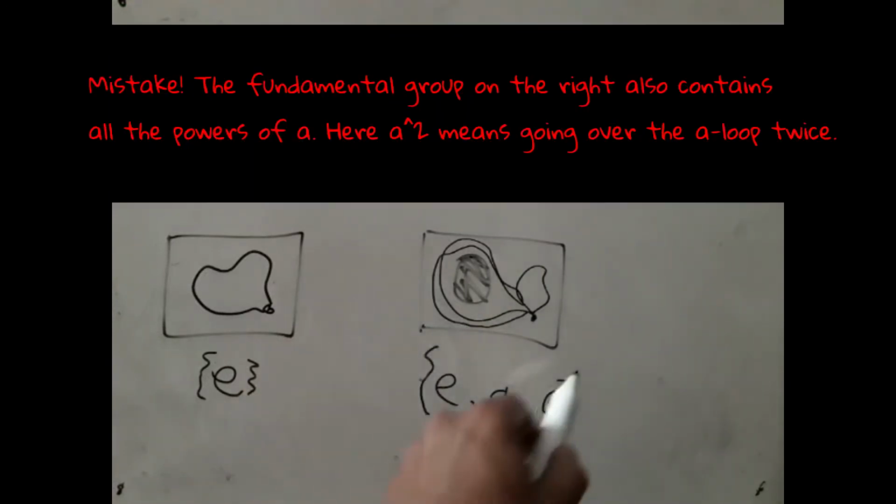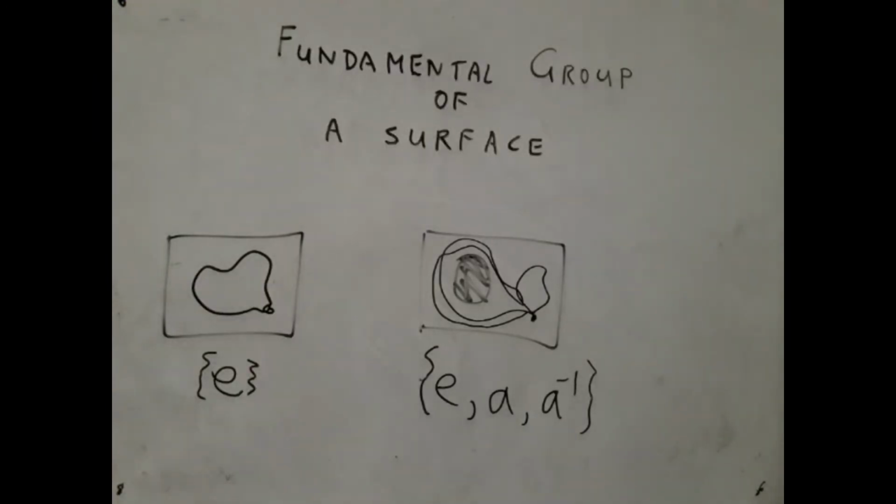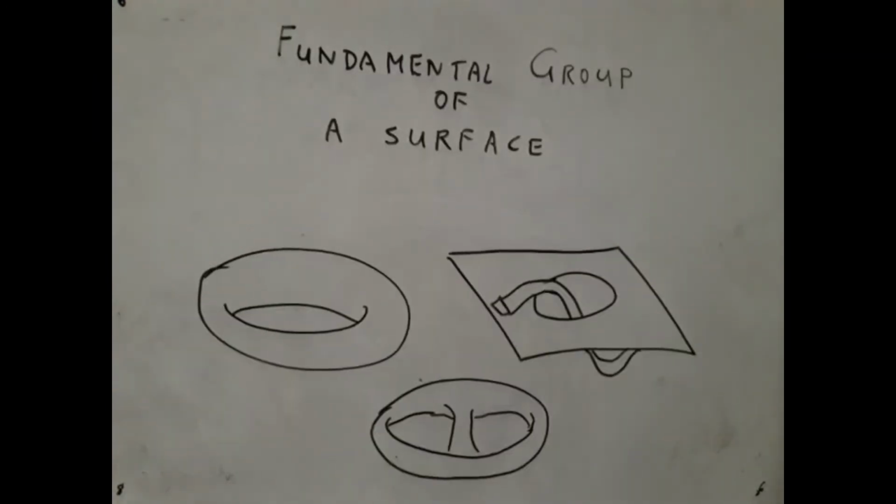As a result, my fundamental group will be this in this case. Observe that this has nothing to do with the shape of the cardboard or the shape of the hole. It just works with the number of holes.